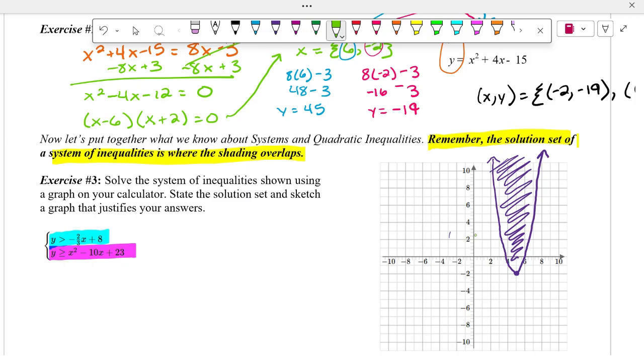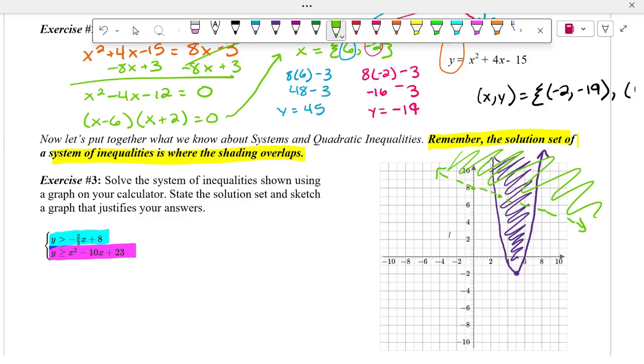So if I graph this one, I go up to 8 and down over 3, and so on and so forth. This would be what it looks like. Now, did it shade above or below it? Above the line, so like this.